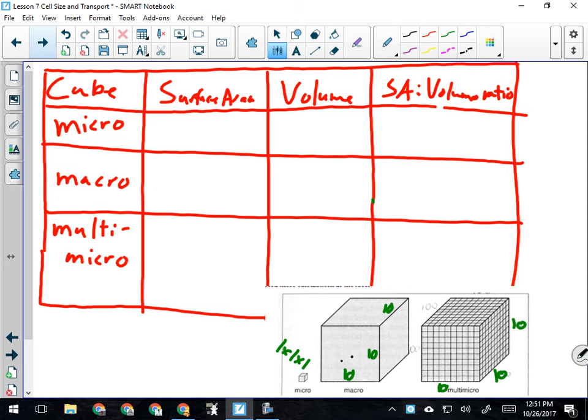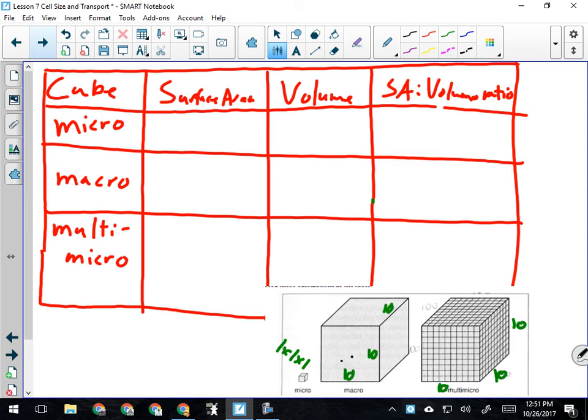If I'm looking at micro and I want to calculate its surface area, it's a cube, and its dimensions are 1 centimeter. We're going to say centimeters. I know obviously a cell would not be 1 centimeter. 1 centimeter by 1 centimeter by 1 centimeter. So if I want to calculate its surface area, I'm going to go length times width times, no, that's how I calculate volume, times 6, the number of sides.